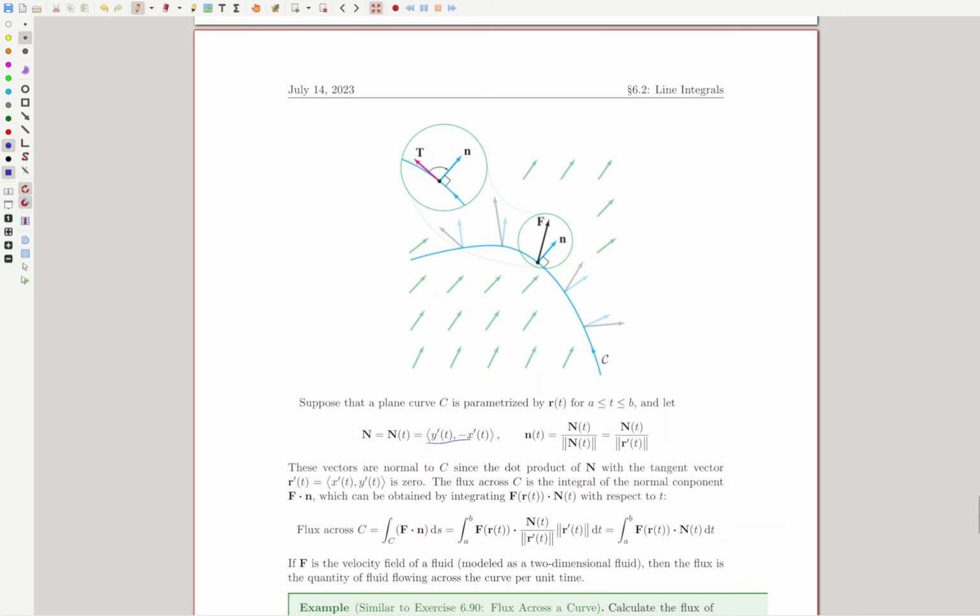You see that the things cancel out. So this is the definition of flux.